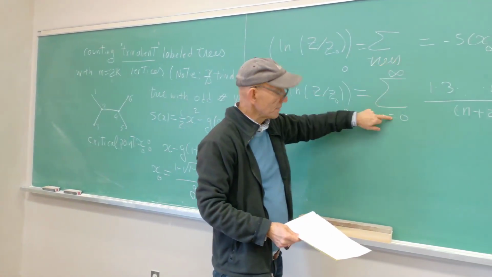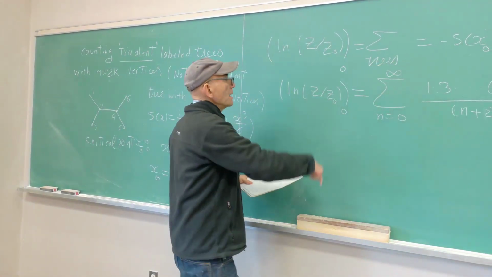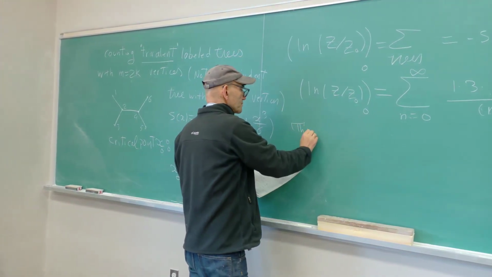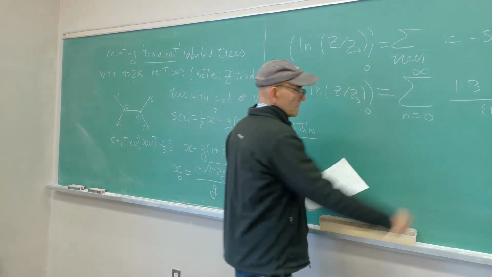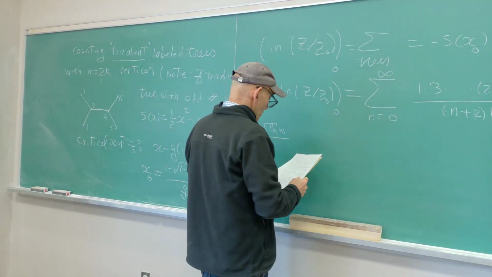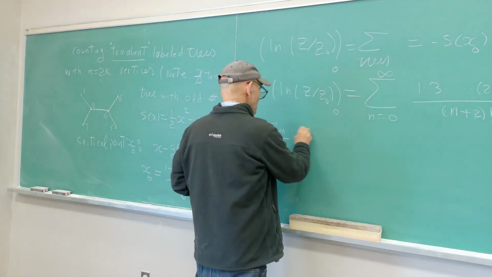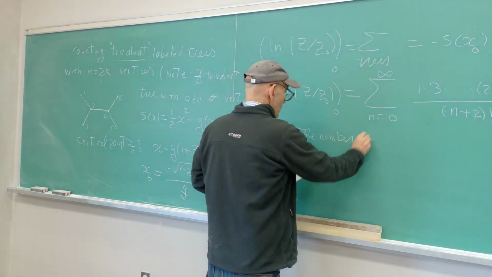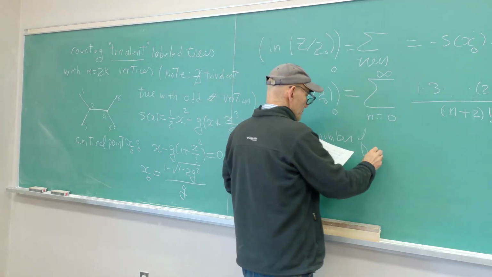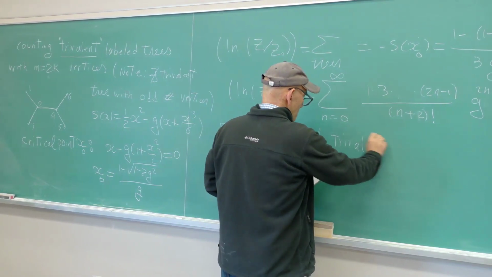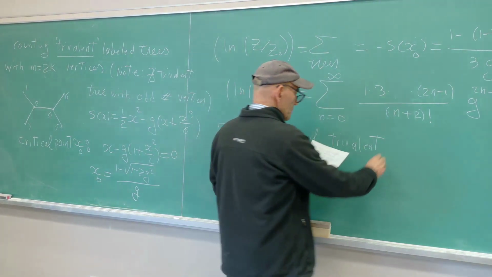Okay, so this sum has to be equal to this sum over trees. This is the thing. So if we compare this with that, we get the theorem that this is exactly the number of trivalent labeled trees.